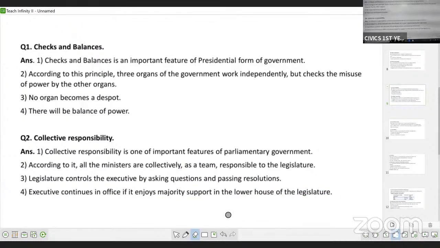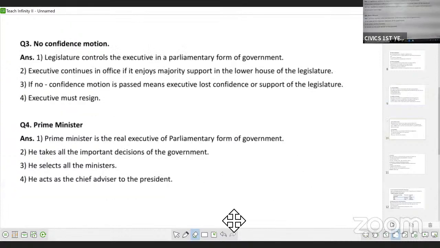That is collective responsibility. Next is no confidence motion. When this resolution is passed, the executive has to resign. The legislature controls the executive in parliamentary government, as we have discussed just now. The executive continues in office till it enjoys the majority of the lower house.